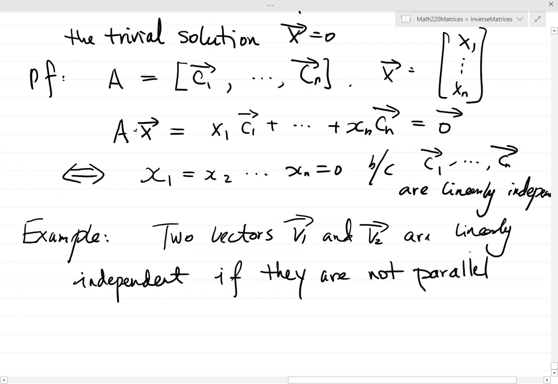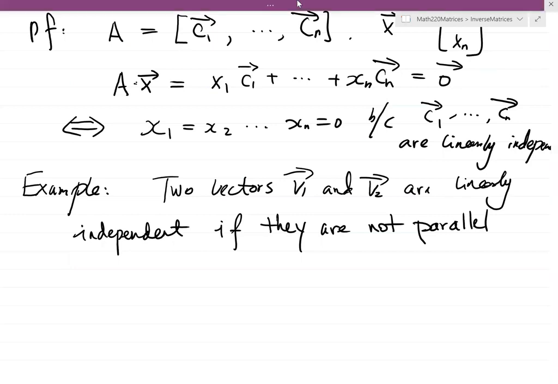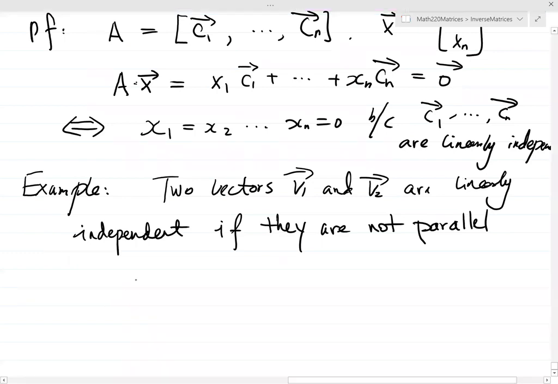Parallel is a geometric condition, so we can use vectors to study geometry. Vectors are really good for studying geometry, like parallel and perpendicular. So this means V1 and V2 span a plane.